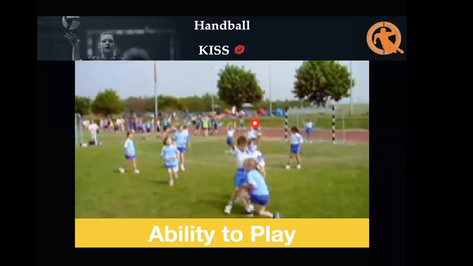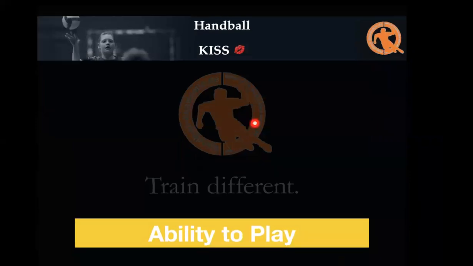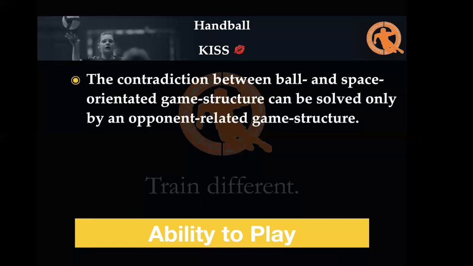And this is something which is almost impossible in that category of age. So there's a contradiction between attackers and defenders, or between the two types of game. And this contradiction is between ball and space-oriented game structure.